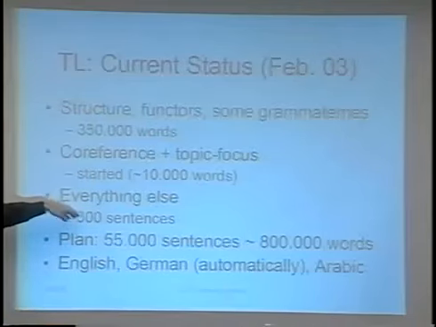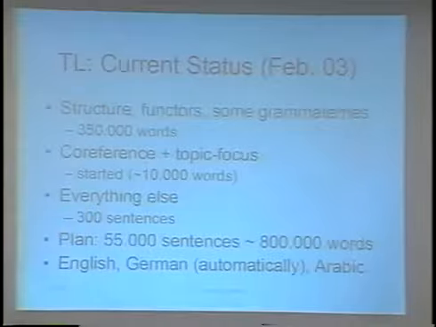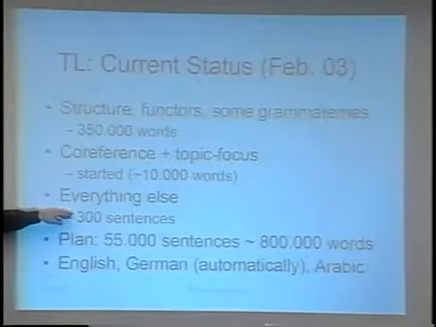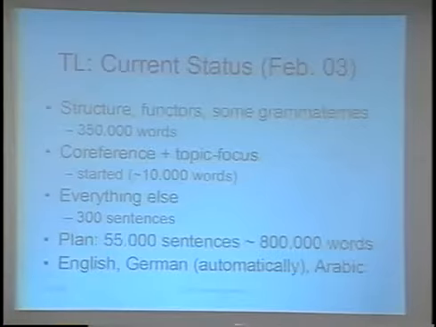For the rest, like tenses, we have example sentences, but most of it can be done automatically, so we will probably be done with most of it for the full thing. The plan is to have 55,000 sentences, which is half the original treebank. We don't really want to waste another 2 years doing the other half. So we'll see how far we can get with half the size, and then possibly have a partial.